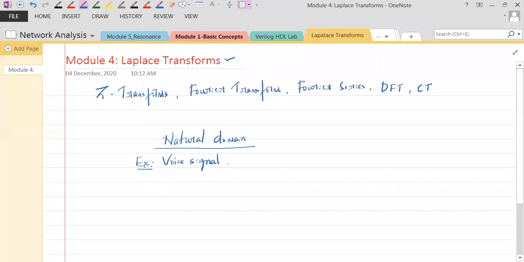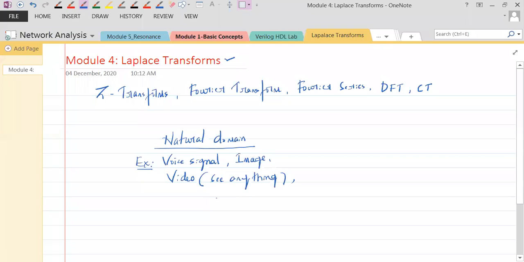Okay, then you can say the image you see. If you see an image with your eyes, that's in natural domain. Okay, if you see a video, if you see anything, we can say that comes in natural domain.